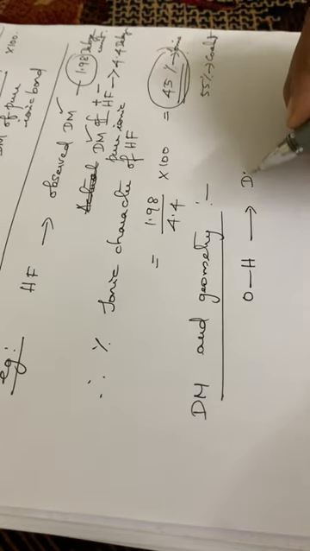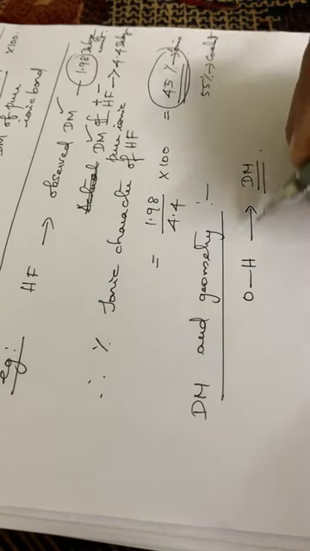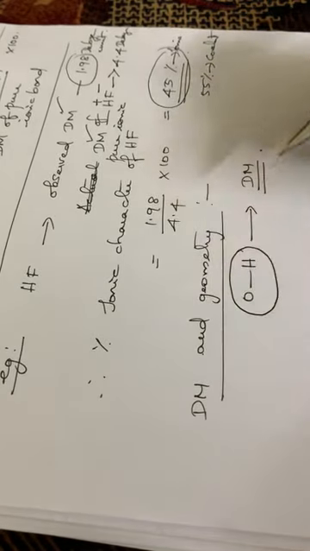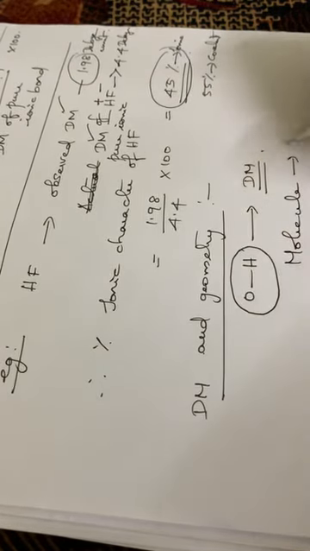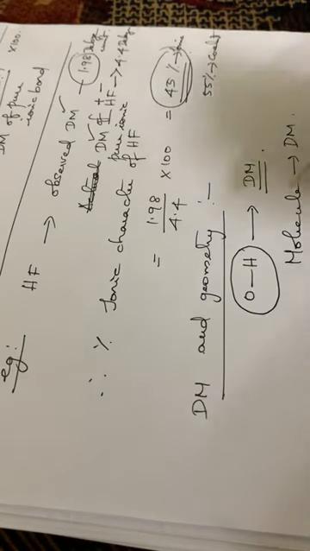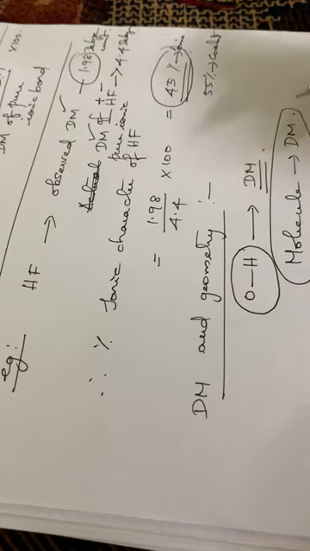And also this particular bond has got dipole moment. So if a bond is having dipole moment, then what about the case of the molecule? The molecule will also be having dipole moment. Okay. If the bond is having dipole moment, then the molecule will also be having a dipole moment.